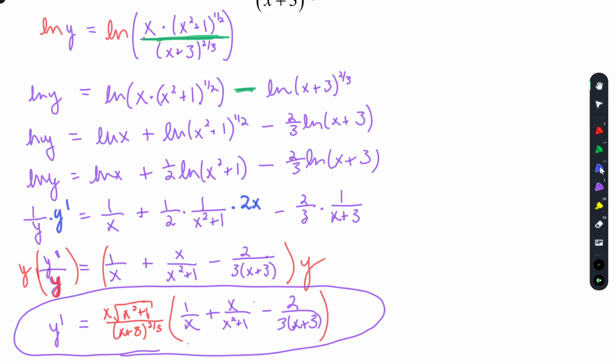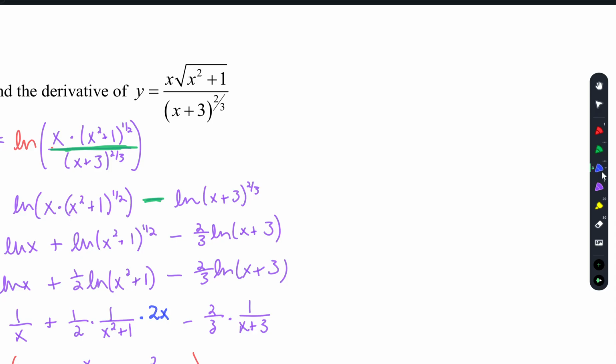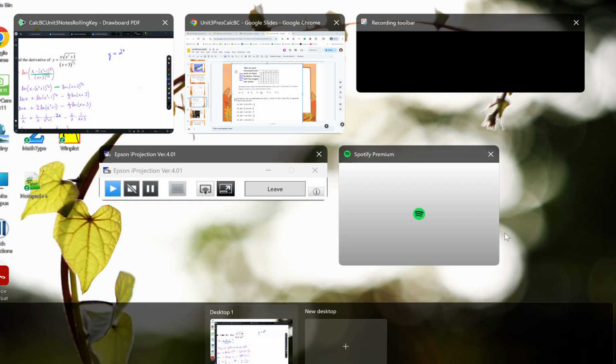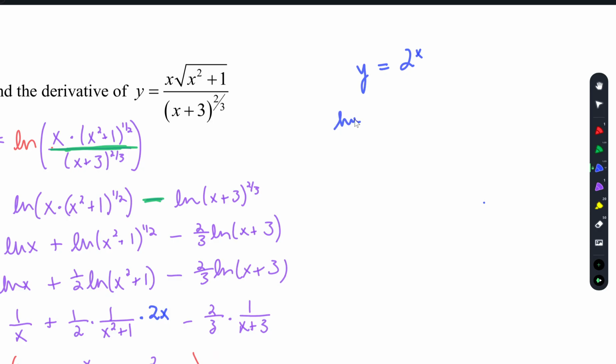You don't need to write this down, but it's going to bother me. Say you forgot the derivative of 2 to the x. You would take it implicitly. What you would do is take the natural log of both sides. So you get natural log y equals x natural log 2, right?